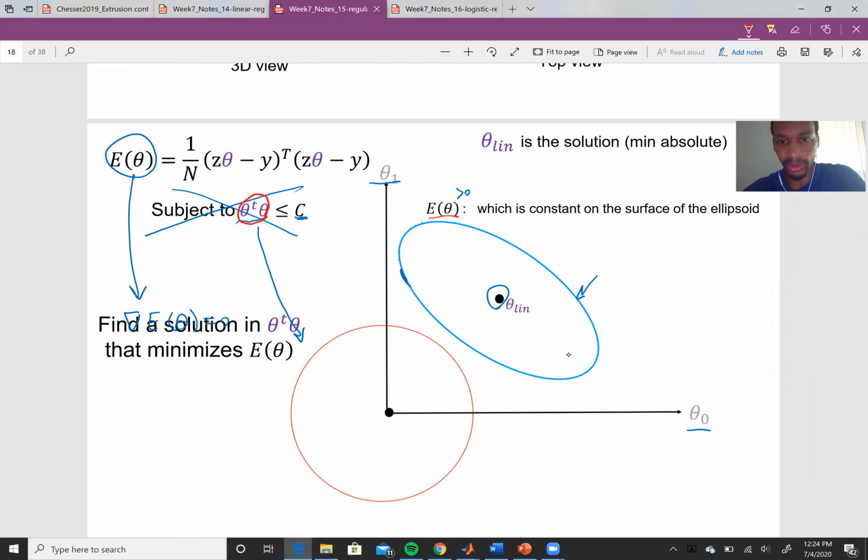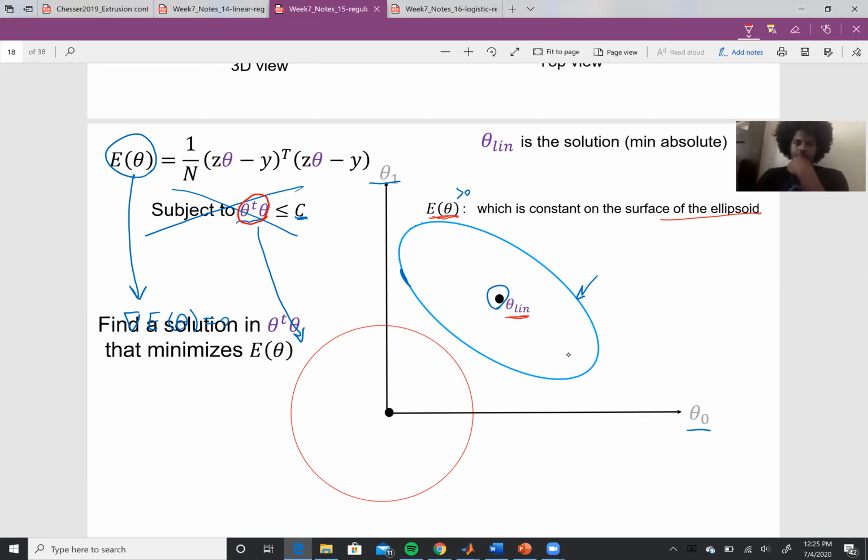So we have this ellipsoid that represents, remember this is our sort of best solution, theta ln. If we assume we just have two parameters here, this slide says that E of theta is constant on the surface of the ellipsoid. And so I took that to mean that at every point on this ellipsoid, E theta is the same.